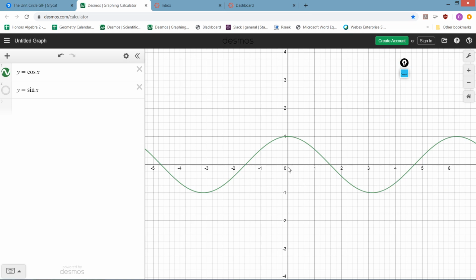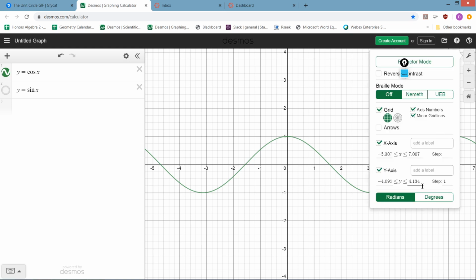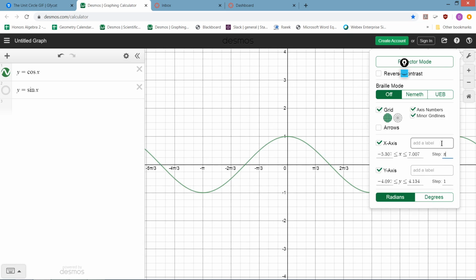And this isn't as great because you can see here's 0, and what is this value right here? If you click on it, it's pi over 2, but you can't tell just by looking at it, right? You can't tell what this is over here just by looking at it. So if you change that to pi, and then you just type pi, and it does it.